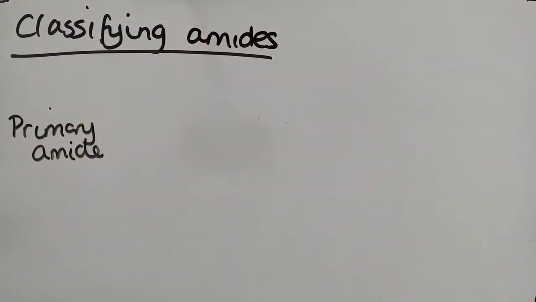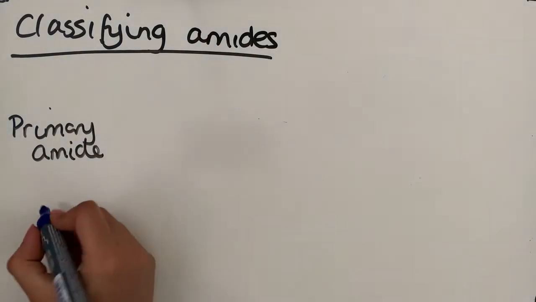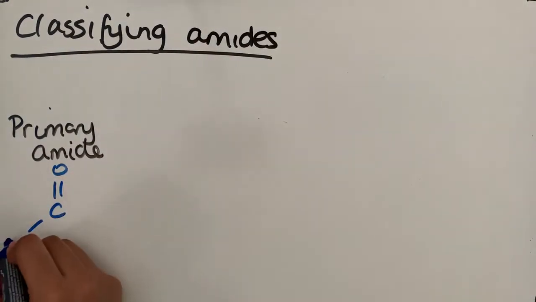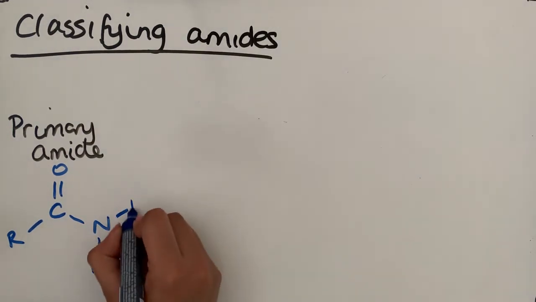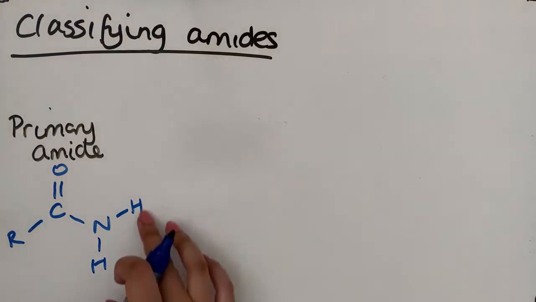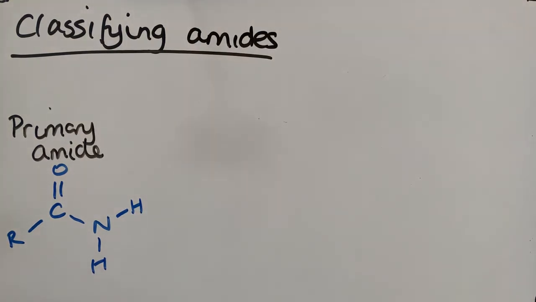A primary amide is one where the nitrogen in that amide is bonded to 2 hydrogens, like that. So there are no carbon chains coming off of that nitrogen. That's a primary amide where the nitrogen is bonded to 2 hydrogens.